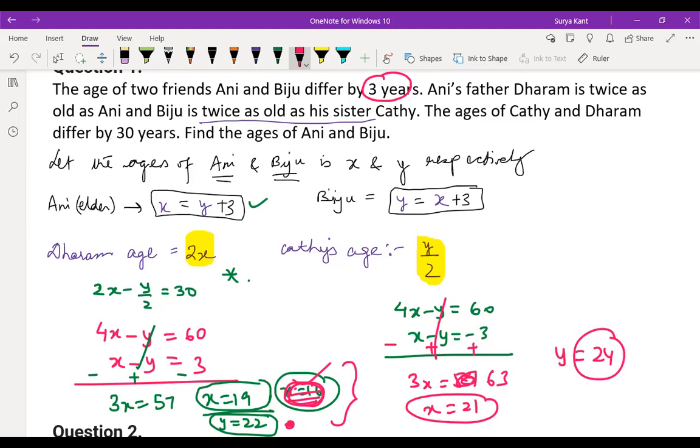And in both cases here, minus 3 has been taken. Here, see, we did it wrong, no? Here, if we consider this case, it's coming like x is equal to 21. If you put 21 minus y is equal to minus 3, then y is equal to 24 only.